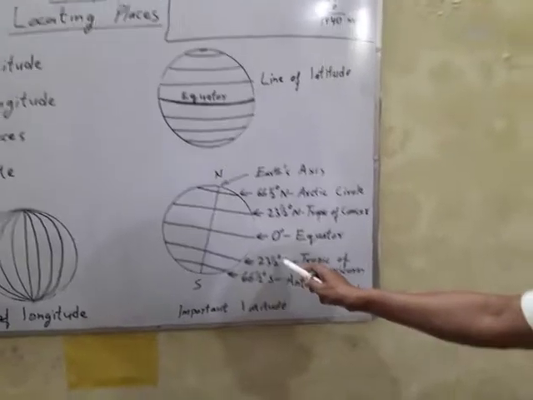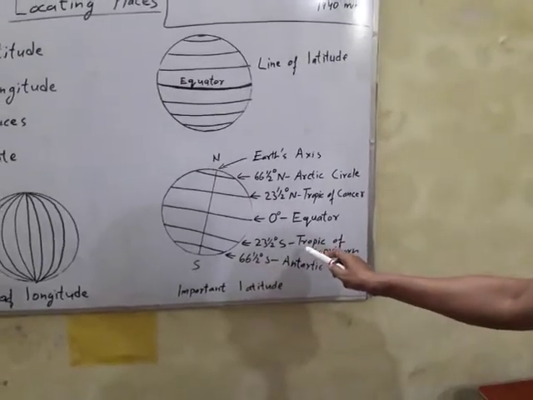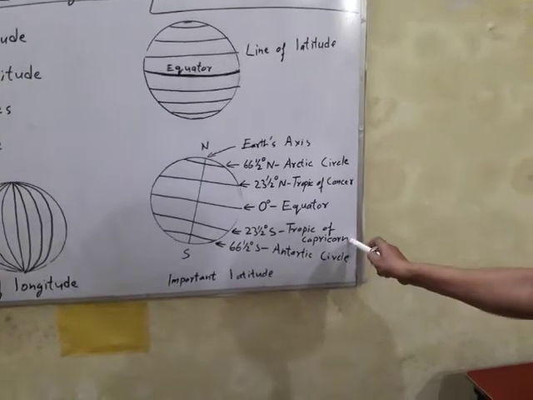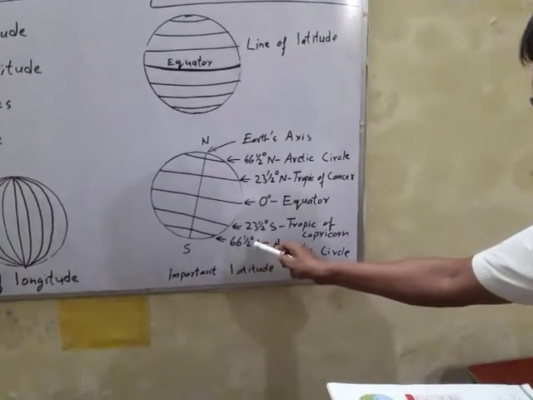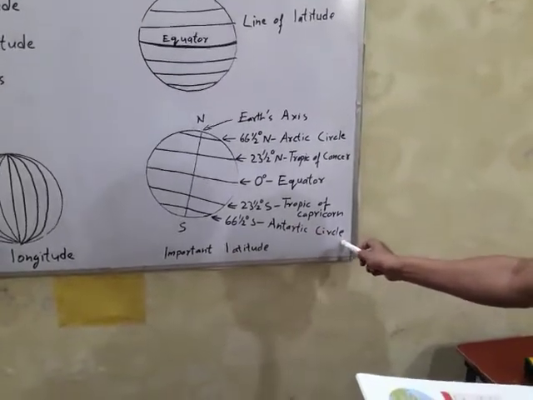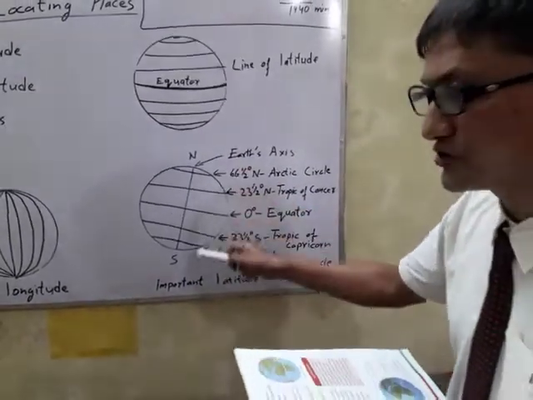And 23.5 degrees south is known as the Tropic of Capricorn and 66.5 degrees south is called the Antarctic Circle. These are the important latitudes.